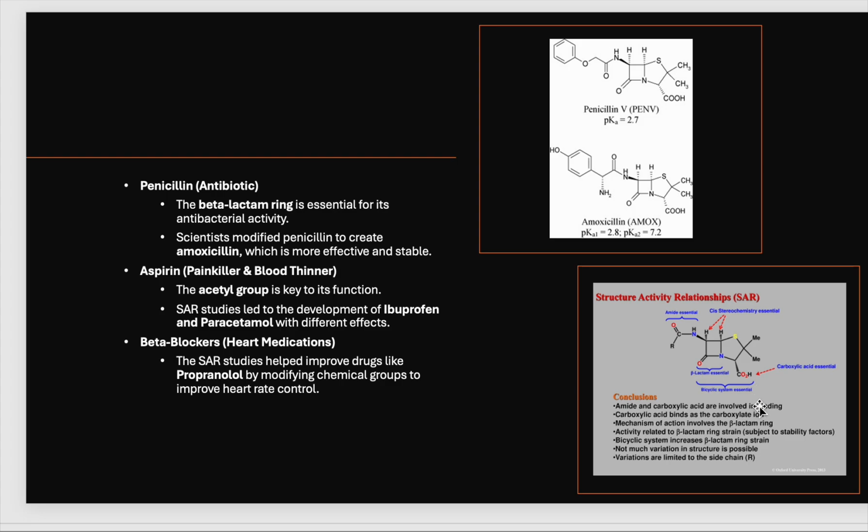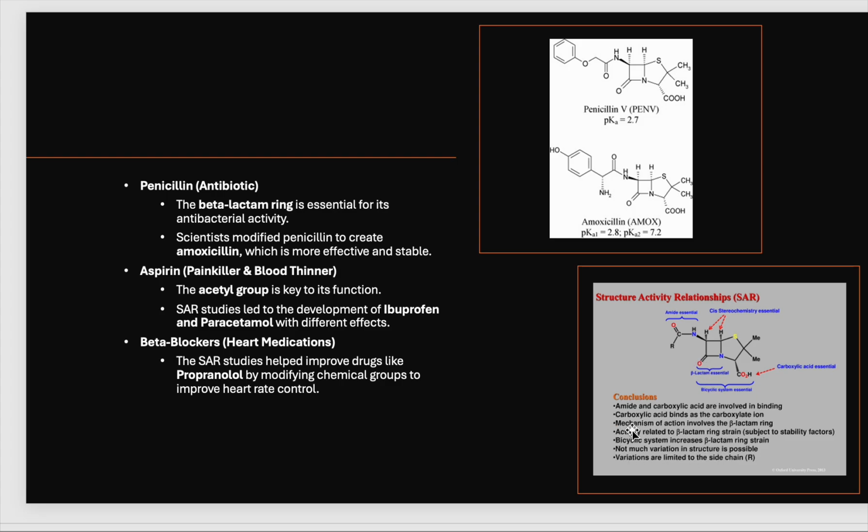These are both involved in binding. Carboxylic acid binds as the carboxylate ion, so it is ionized, COO minus. And the mechanism of action involves the beta lactam ring. This beta lactam ring is very important. This entire class of molecules falls under beta lactamase, the enzymes that work on this.